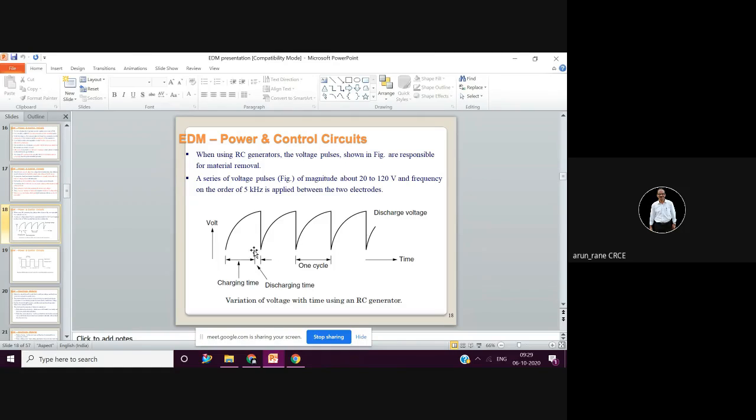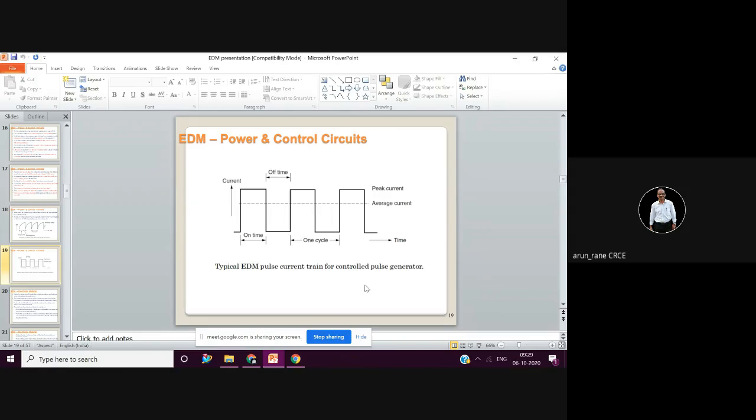This graph is voltage against time. It shows the variation of voltage with time using the RC circuit, that is, resistance and capacitor. This you can draw in the examination. So this is on time, this is off time.